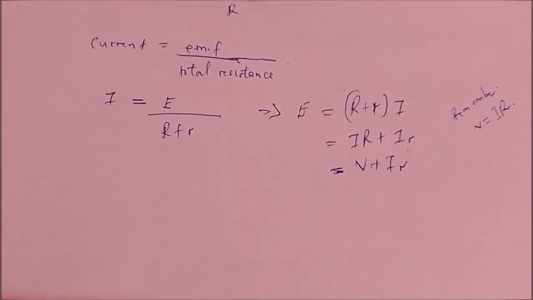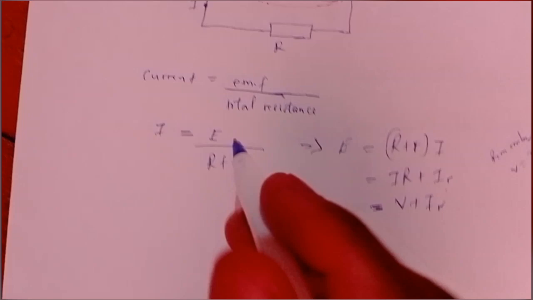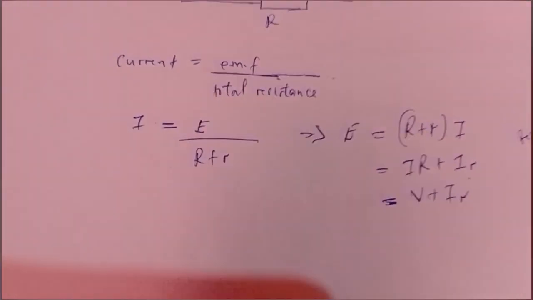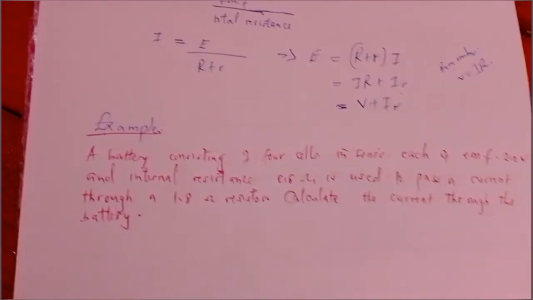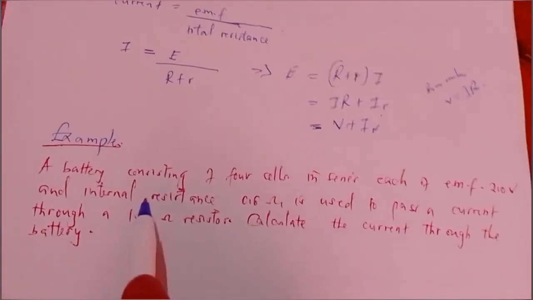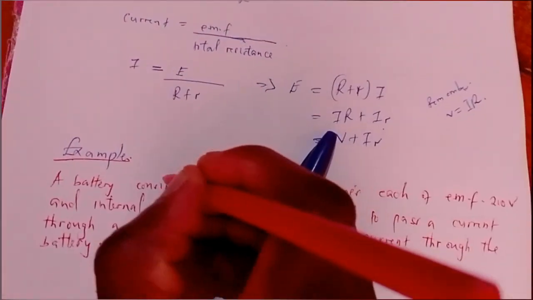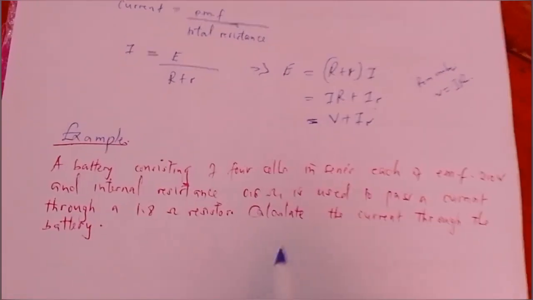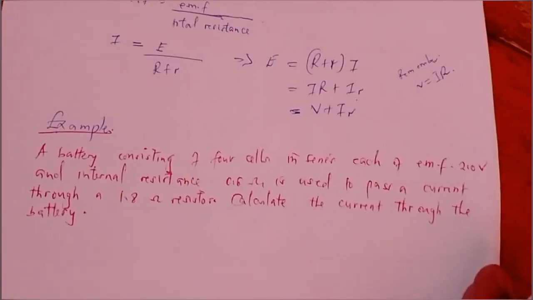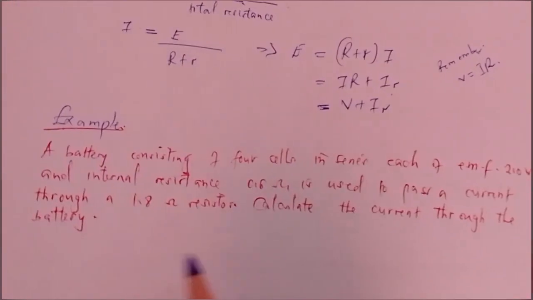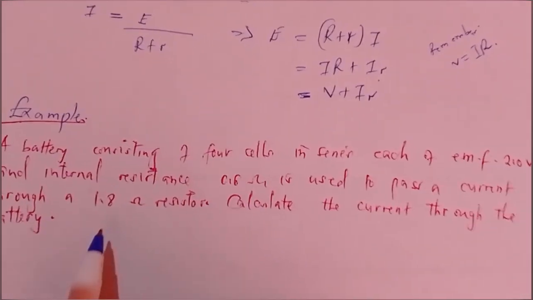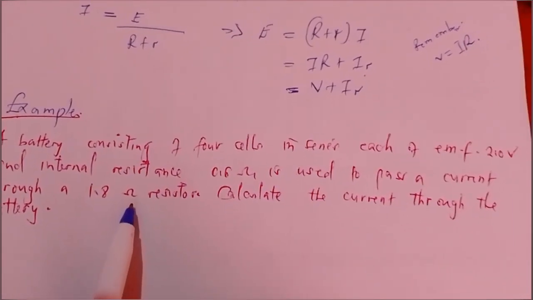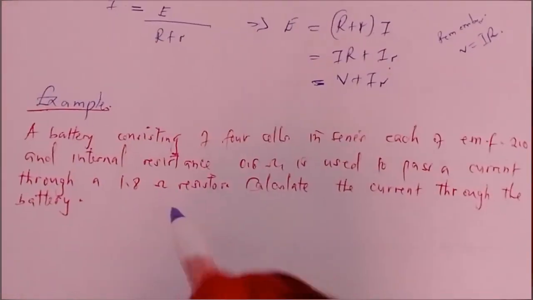So let's look at one example where this formula, or this relationship, is applied. Example. Here is the example. A battery consisting of 4 cells in series, each of EMF 2.0 volts and internal resistance 0.6 ohms, is used to pass a current through a 1.8 ohm resistor.